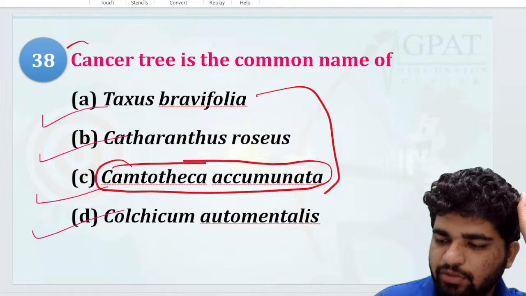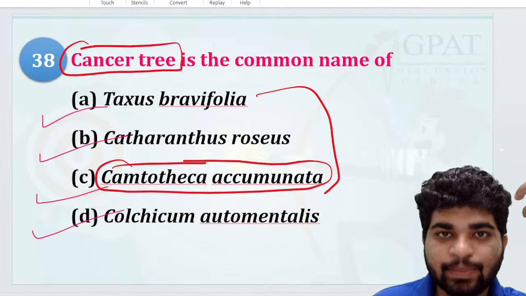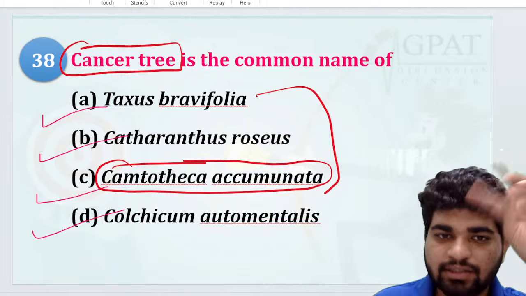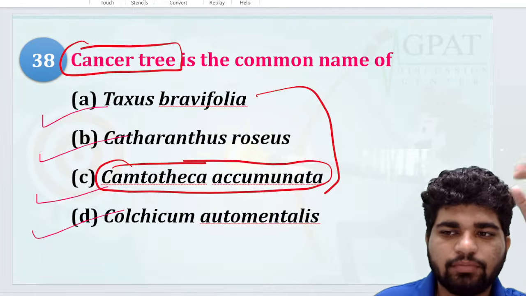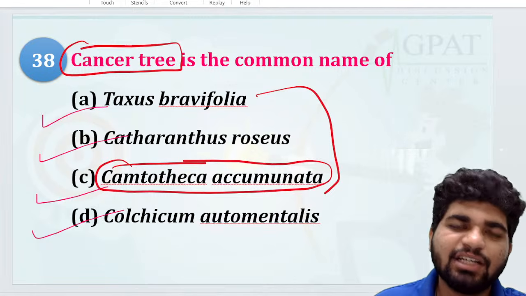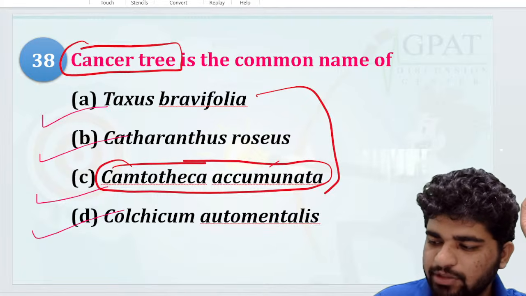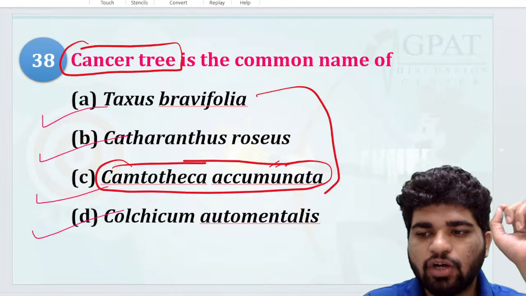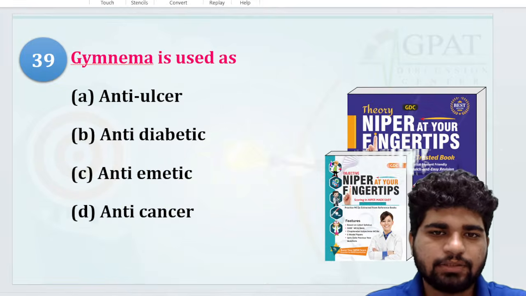Camptotheca acuminata is considered to be your cancer tree, whereas Taxus brevifolia will give you taxanes, docetaxel, paclitaxel. Catharanthus usually gives your vinca alkaloids. They are also not known as cancer trees, but they do give you anti-cancer drugs, right? But Camptotheca acuminata has the description of cancer tree as a common name. So Camptotheca acuminata is going to be your correct answer.